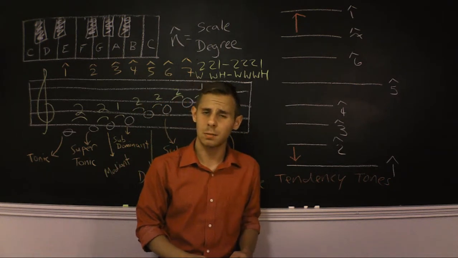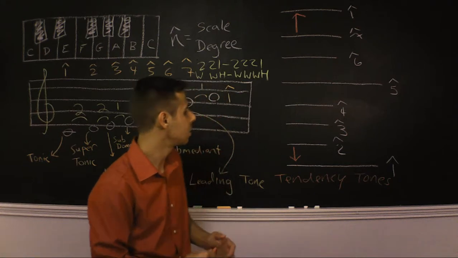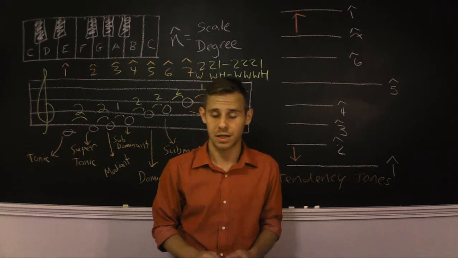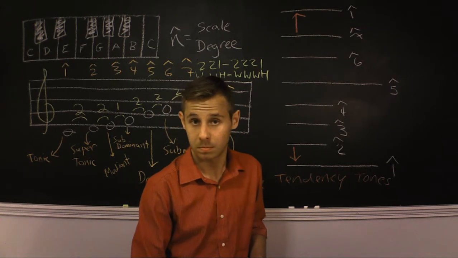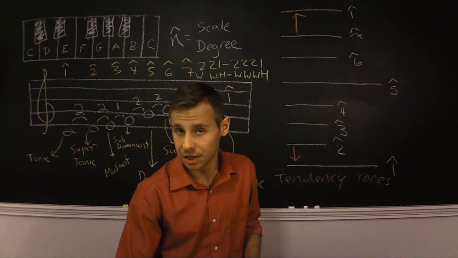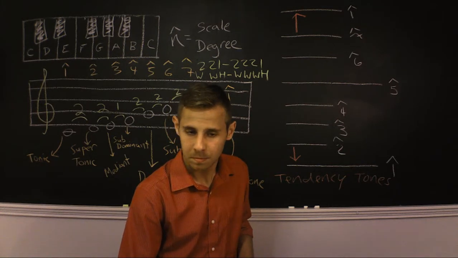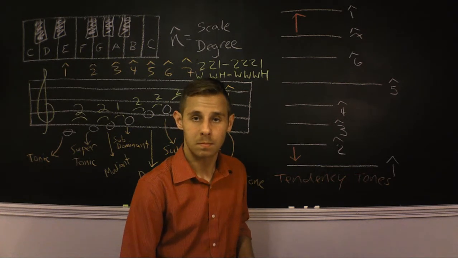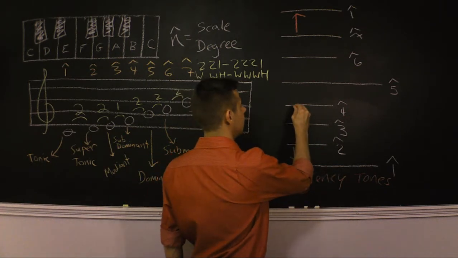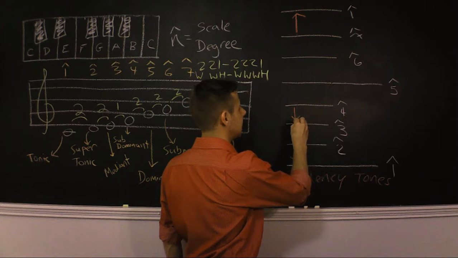And finally, and this one isn't quite as strong as 2 to 1 or 7 to 1, but it is considered very, very prevalent. Or if we go descending, 4 to 3. In this case, F to E.